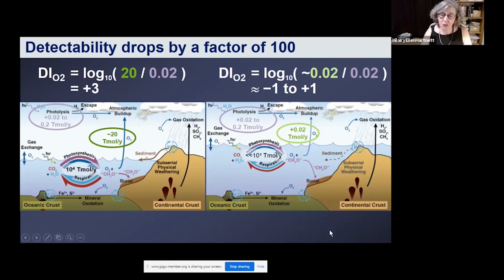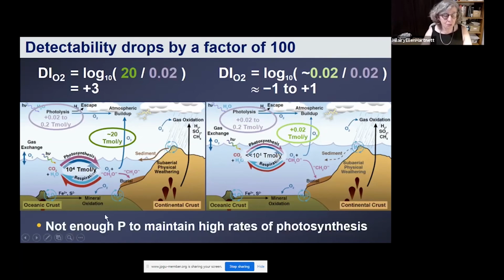This is not exactly what you would expect for a planet that has an ocean, that has light, has some nutrients. But in this case, it's not a sure thing that oxygen is a biosignature, mainly because there's not enough phosphorus to maintain high rates of photosynthesis.